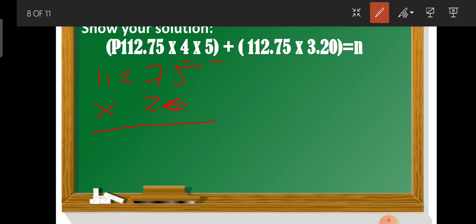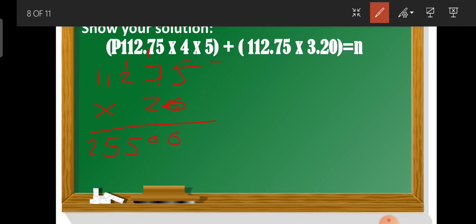Any number multiplied by 0 is 0, so we'll just put 0 here, and then we proceed on the next digit. 2 times 5 is 10, write 0, regroup 1. 2 times 7 is 14, plus 1 is 15, write 5, regroup 1. 2 times 2 is 4, plus 1 is 5, and then 2 times 1 is 2.